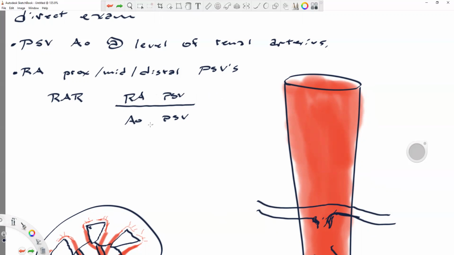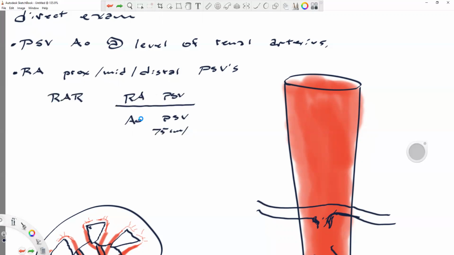Notice this didn't change down here because there's only one. Let's just say it's 75 centimeters per second. That's going to remain 75 centimeters per second for each of the renal artery imaging. Of course, this is right and left. We'll just talk about, let's say, the right side today.